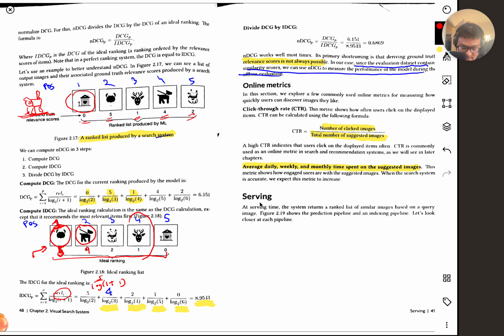Similarly, here you compute 4 over log of 1 plus the position it is actually at, so 1 upon log of 1 plus 4, which in this case is 1 over log of 5. So you can estimate this gain for all the positions, and that is what is known as NDCG.